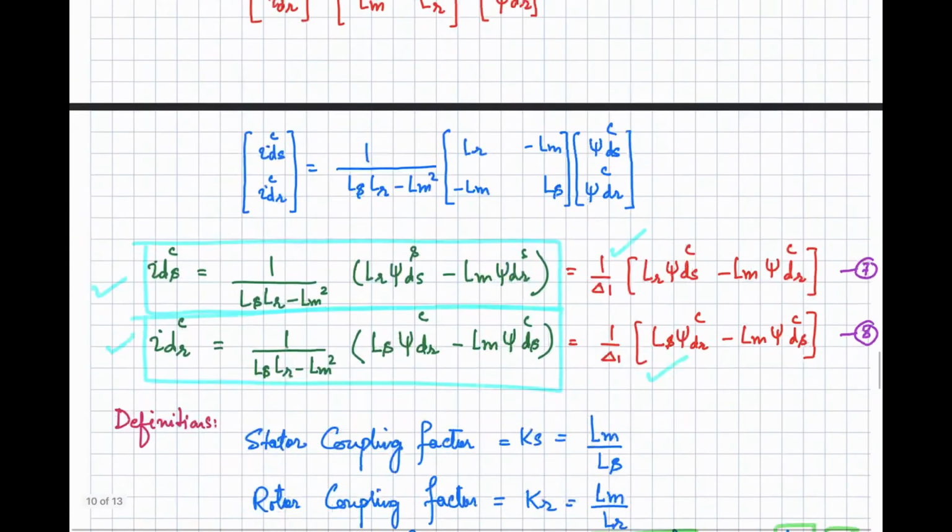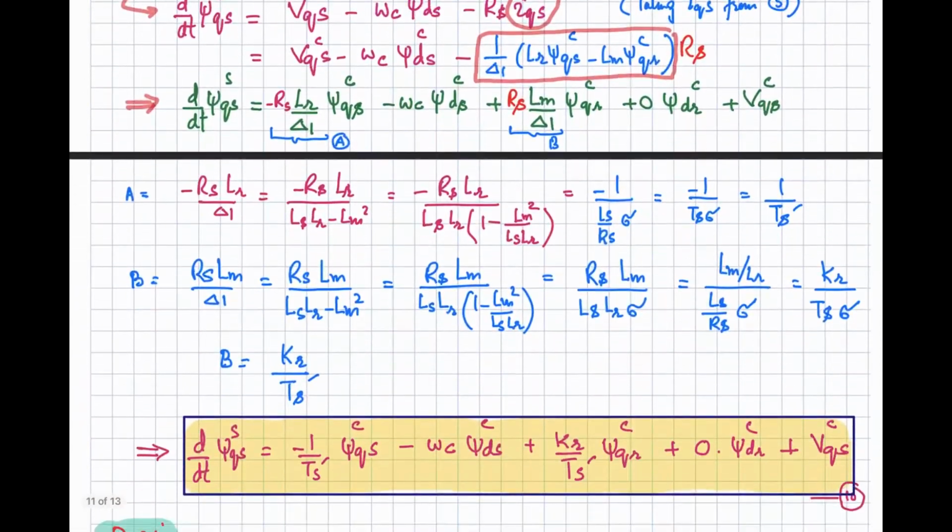Now let's take this value here, and if I take Ls Lr common out, I can write it like that, and then cancelling out these and shifting this Rs with this. So Ls by Rs can be written as the stator time constant, and into sigma it will be the transient stator time constant. So this term can be written like this.